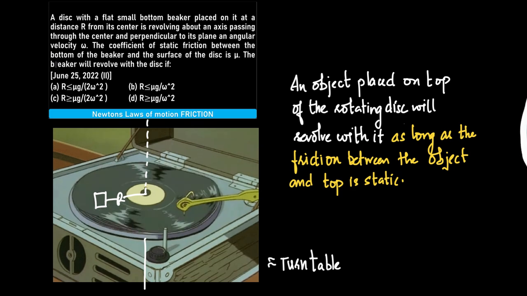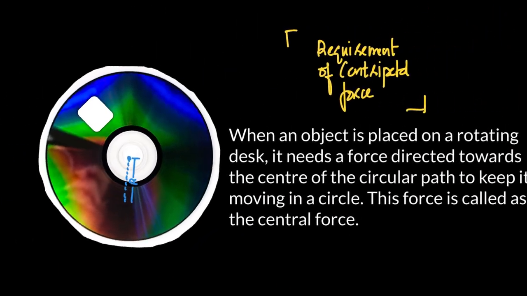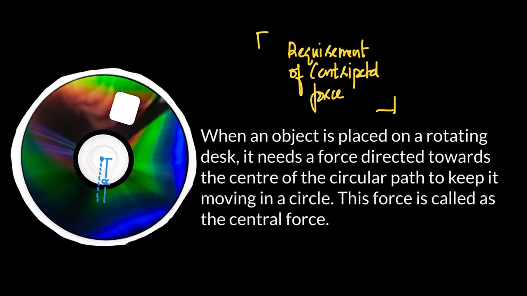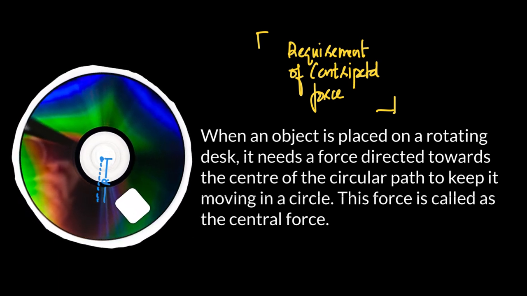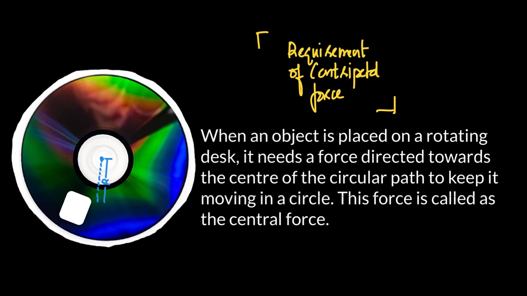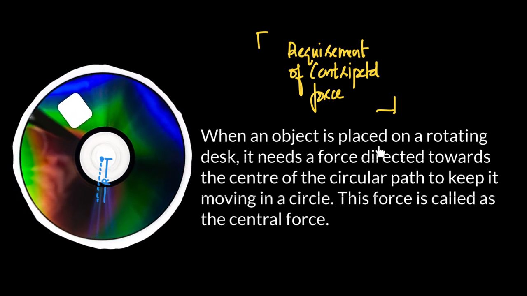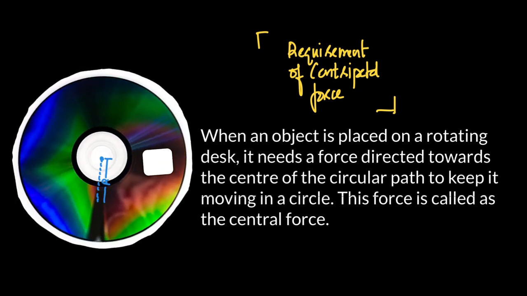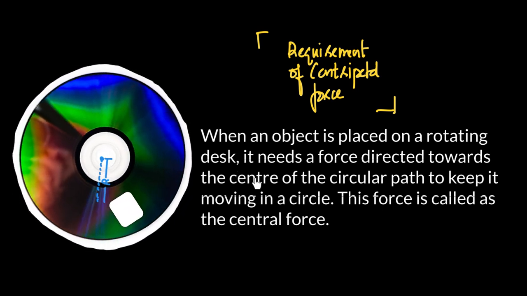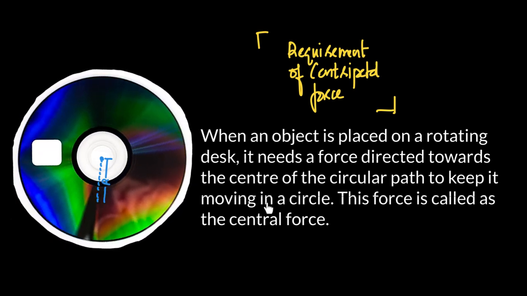So let us now try to understand this process in detail, static friction, and how it plays a role here. For that we'll first discuss the requirement of a centripetal force. Try to write this along with me. When an object is placed on a rotating disc, it needs a force directed towards the center of the circular path to keep it moving in a circle.